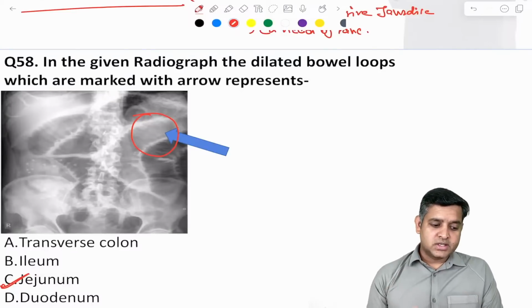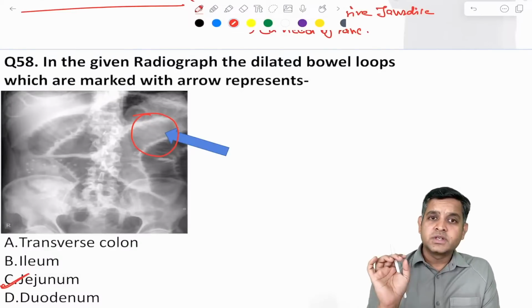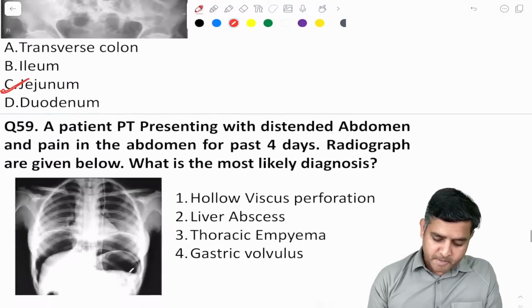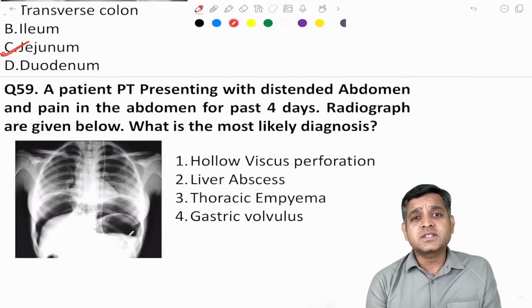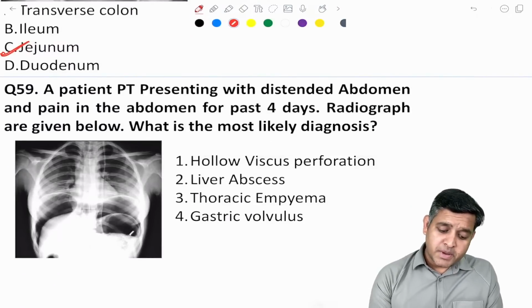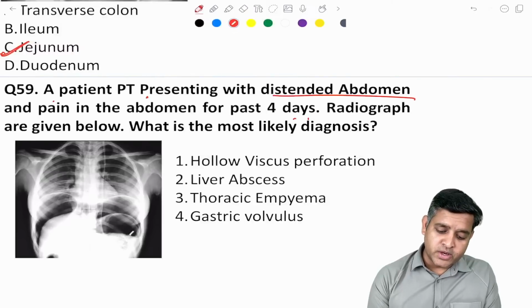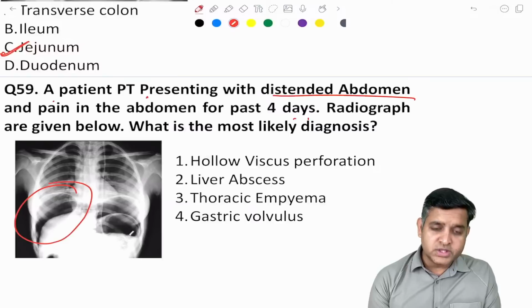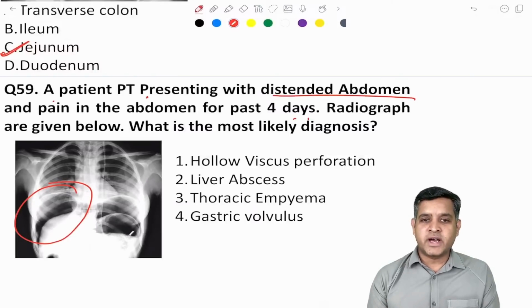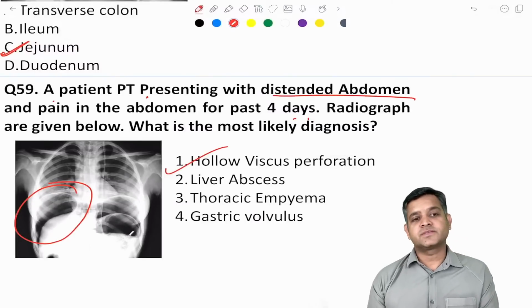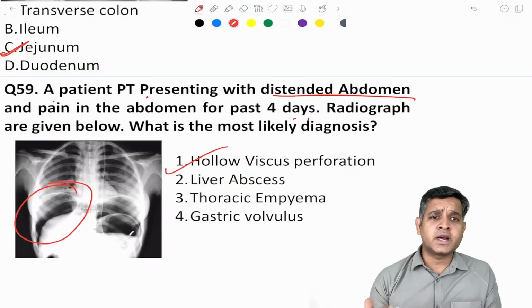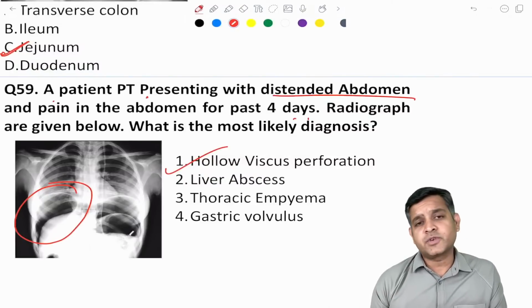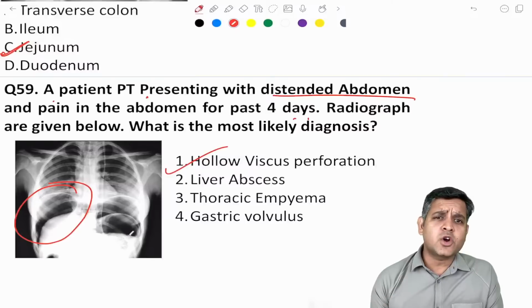When you see this, this is a jejunum, right? Another similar question. A patient presented with a distended abdomen and pain in the abdomen for 4 days. Radiograph. What is the most likely diagnosis? What do we see? Again, here under the right dome of the diaphragm, hollow viscus perforation. Very, very commonly asked.